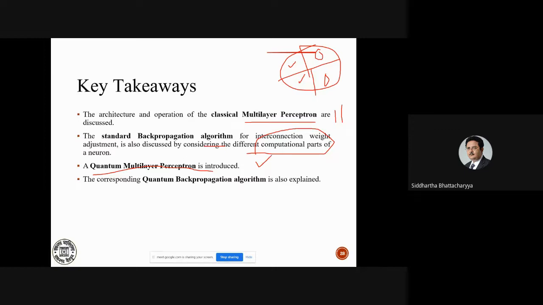And finally, extending the concepts of the classical backpropagation algorithm to frame the quantum backpropagation algorithm, although the mathematics have been skipped for obvious reasons, only giving the expressions and some idea regarding the need for computing the error gradient with respect to three parameters, which are very vital and very influential in introducing the errors, like theta, lambda, and delta. So this gives a summary of the quantum backpropagation algorithm.